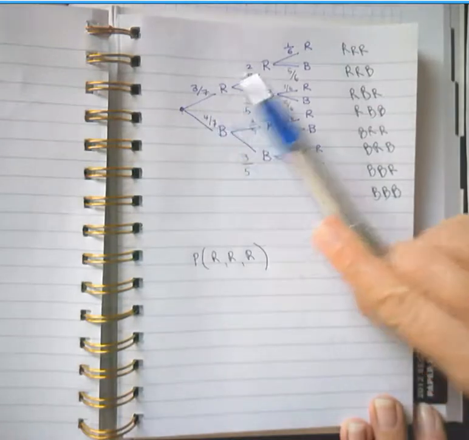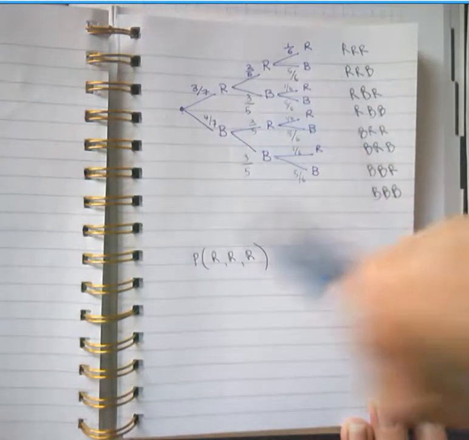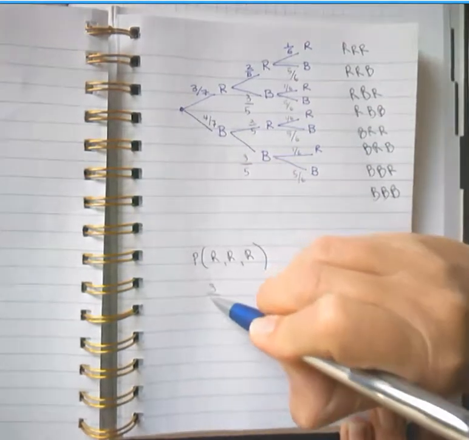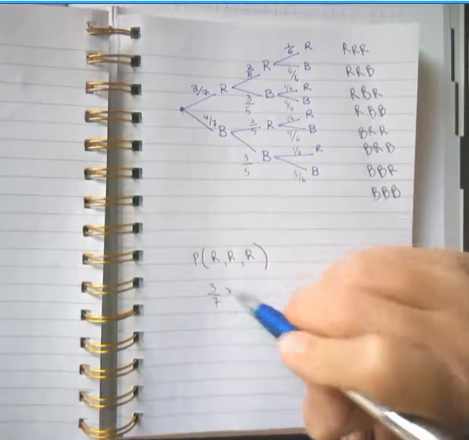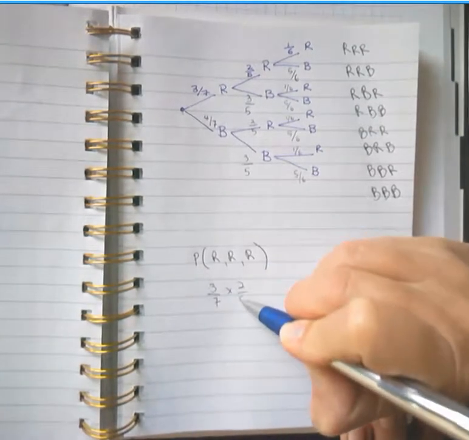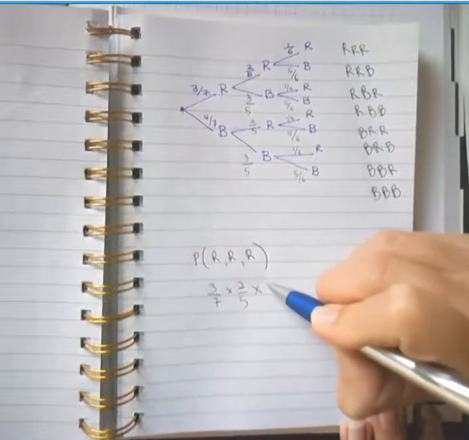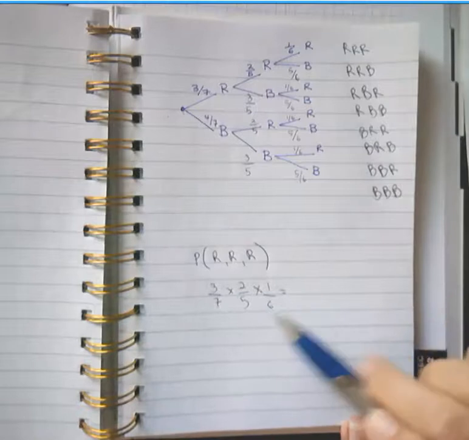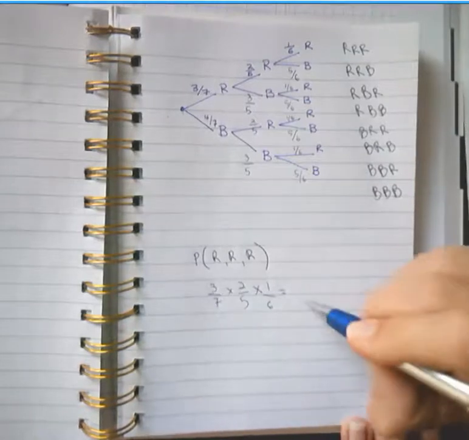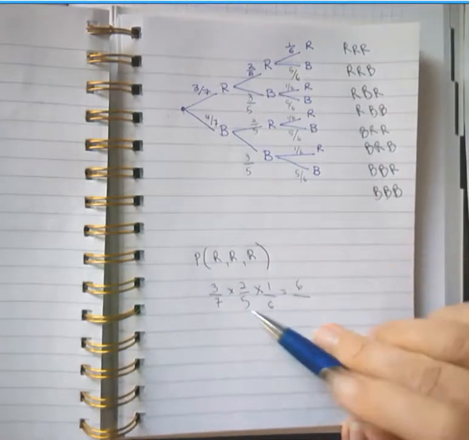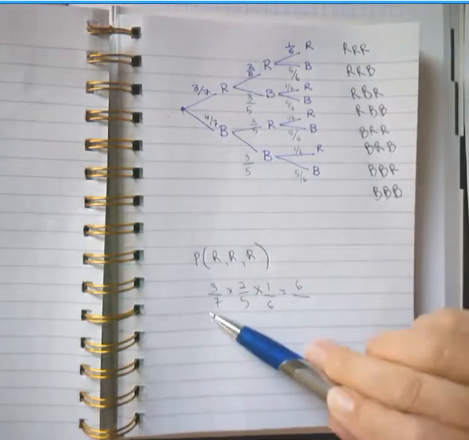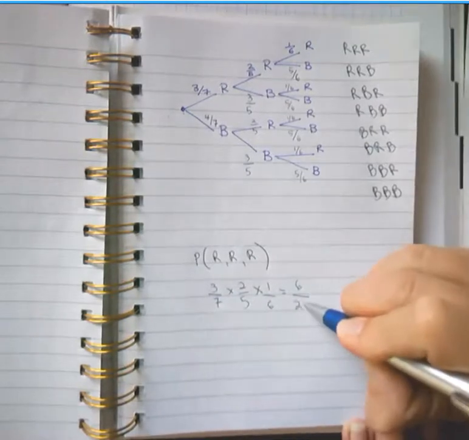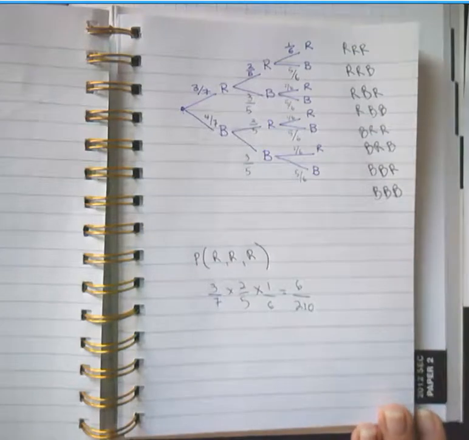My probability for red, red, red would be 3 over 7, which was the first probability, times 2 over 5, times 1 over 6. In terms of multiplying that out, you go top by top, which gives you 6 on the top, and on the bottom you have 30 by 7, which is 210. So the probability of getting 3 reds would be 6 out of 210.